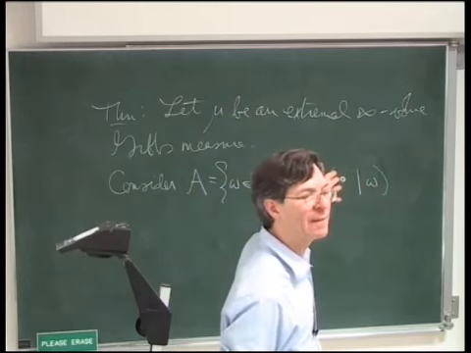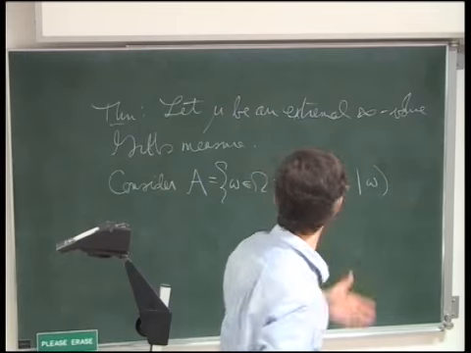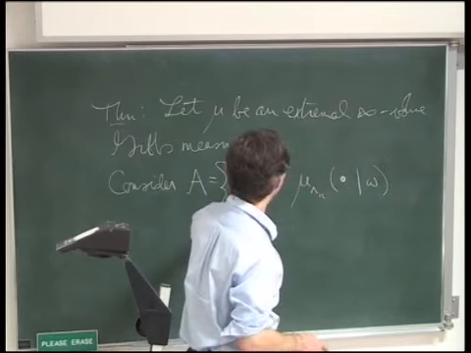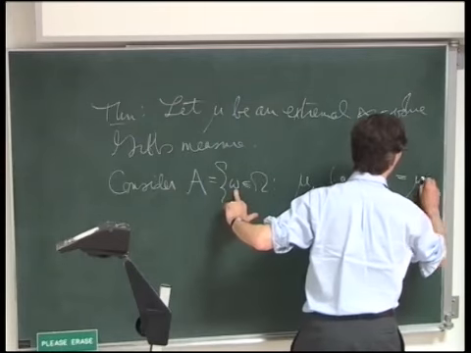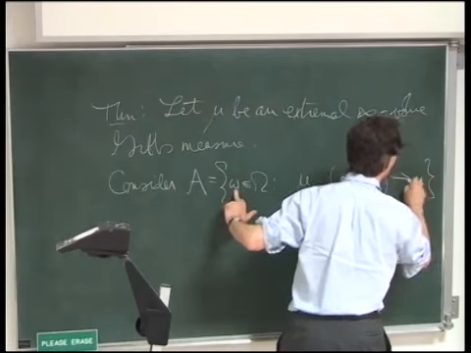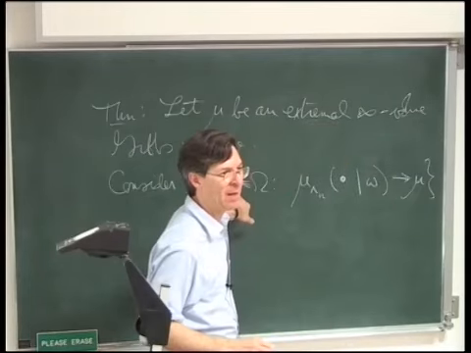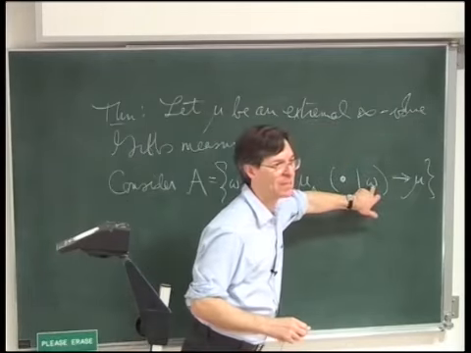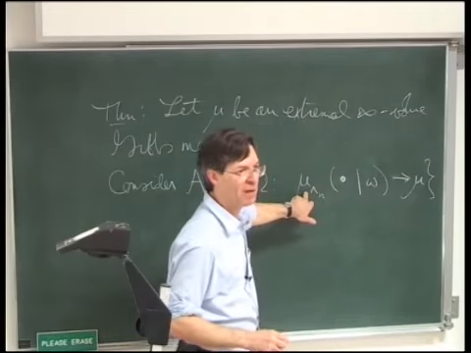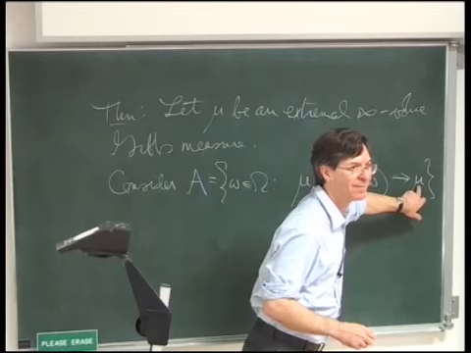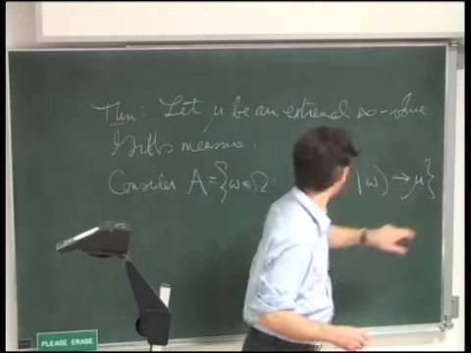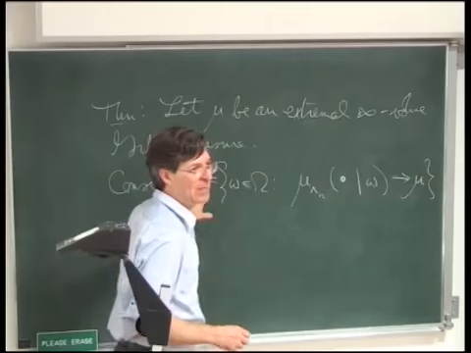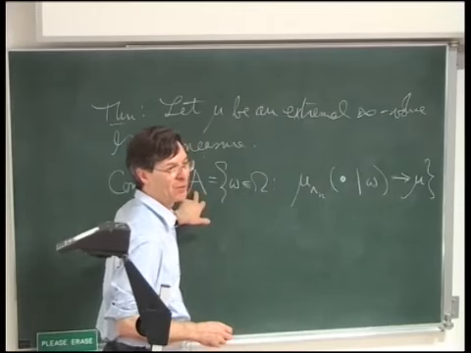And if so, what do they converge to? Okay? And I will let A be the set of omegas that have the property that if you use omega as a boundary condition, these do converge and converge to mu. So let's call that the set of boundary conditions that reproduce mu.